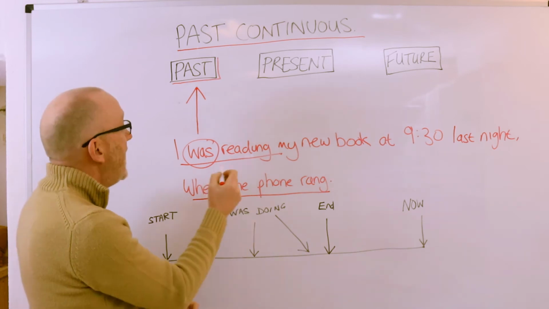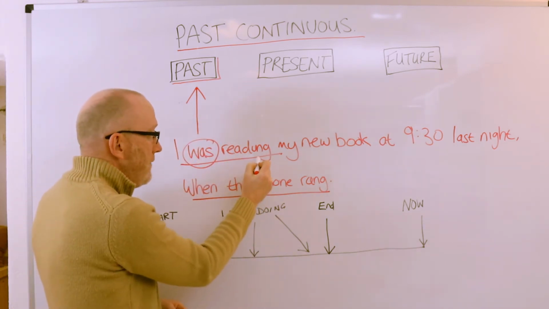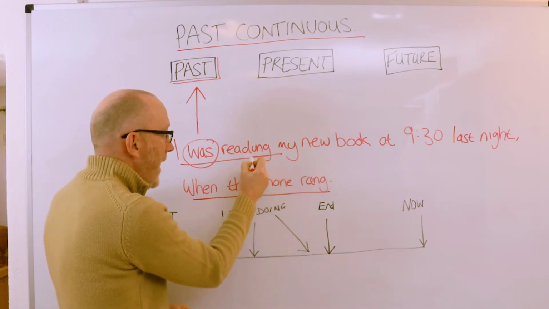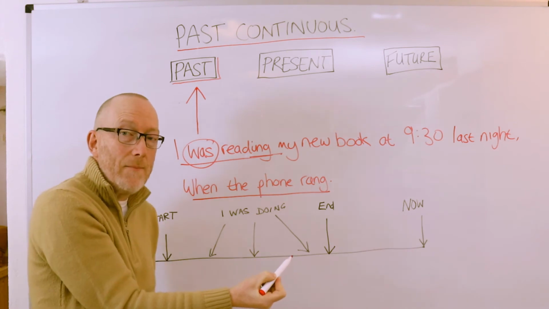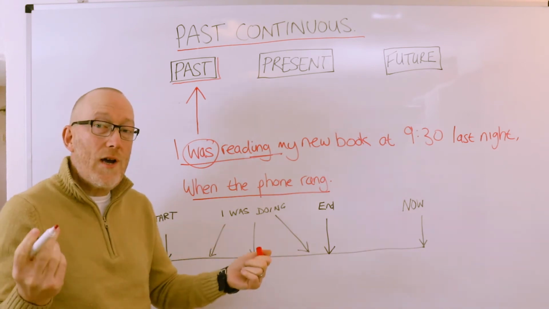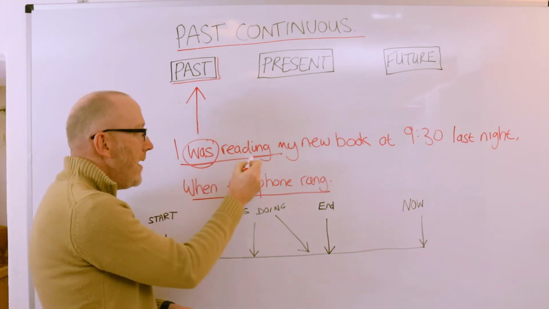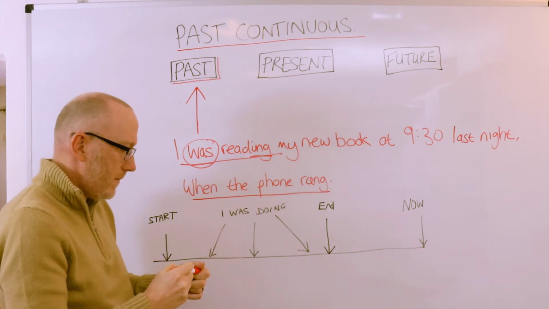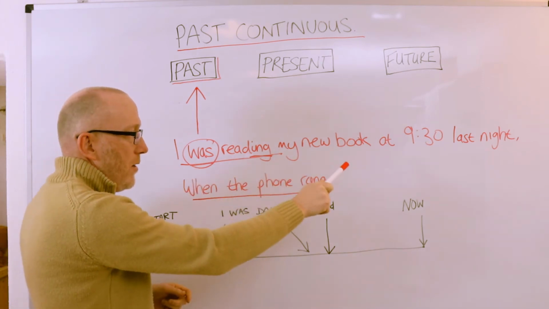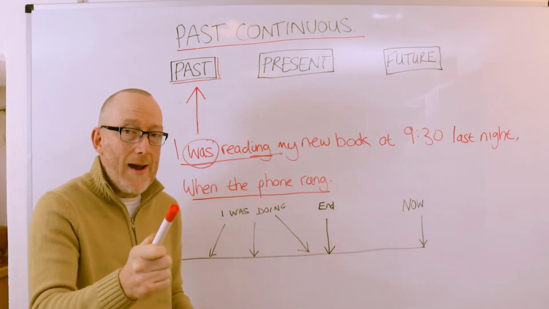And you will also notice that because this is a continuous tense, the main verb has to be an ing verb. Yeah? So I was reading. Yeah? All continuous tenses take the verb be and require the ing verb form. So I was reading my new book at 9:30 last night when the phone rang.